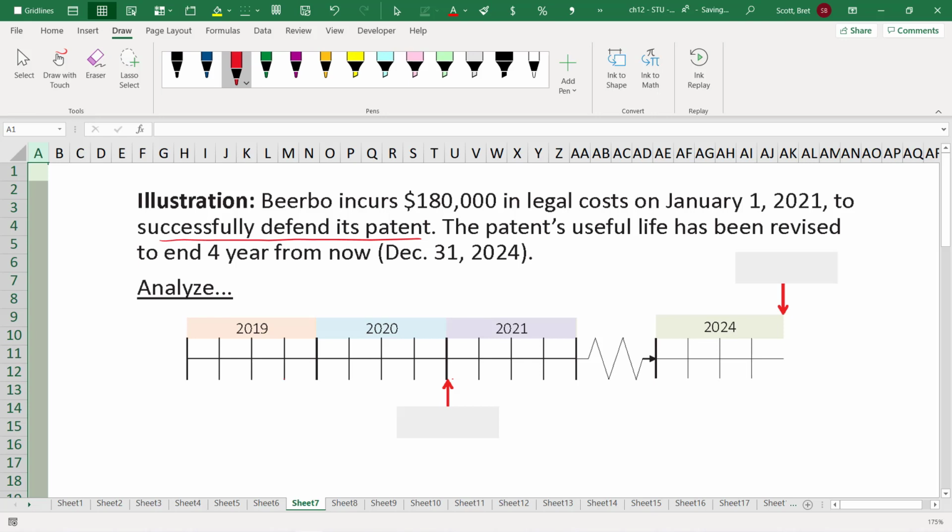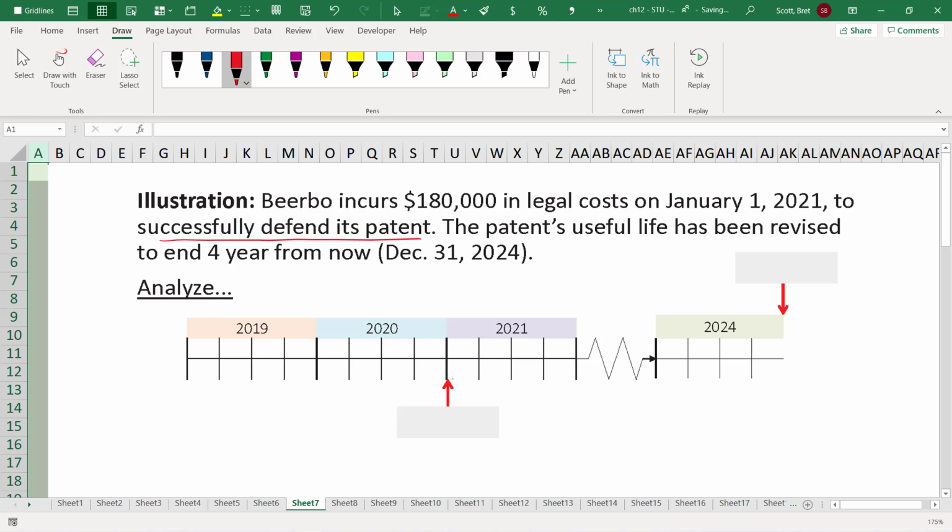But in this case, it's to protect the value of some asset. So in a lot of ways, if we successfully defend the patent, we essentially have augmented its value. So what do we do with $180,000 in legal costs on January 1st, 2021? We can go ahead and capitalize those. We don't have to expense $180,000 if we've successfully defended the patents.